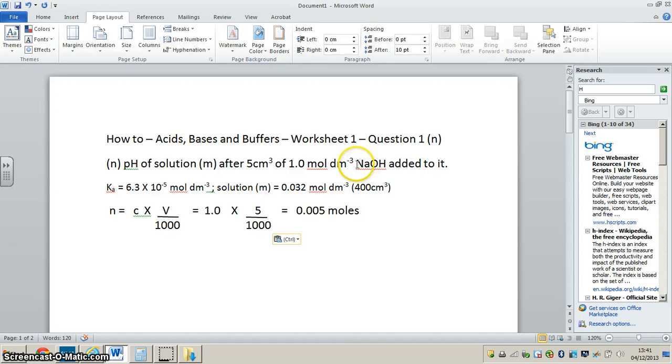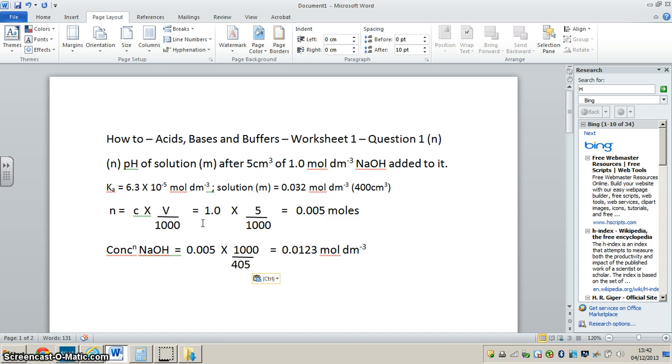So the actual volume of solution is 405 centimeters cubed. What we now need to do is work out the concentration in moles per decimeter cubed of the sodium hydroxide in that 405 centimeters cubed. And we do that like this. So what we actually have then is 0.0123 mole per decimeter cubed of sodium hydroxide.